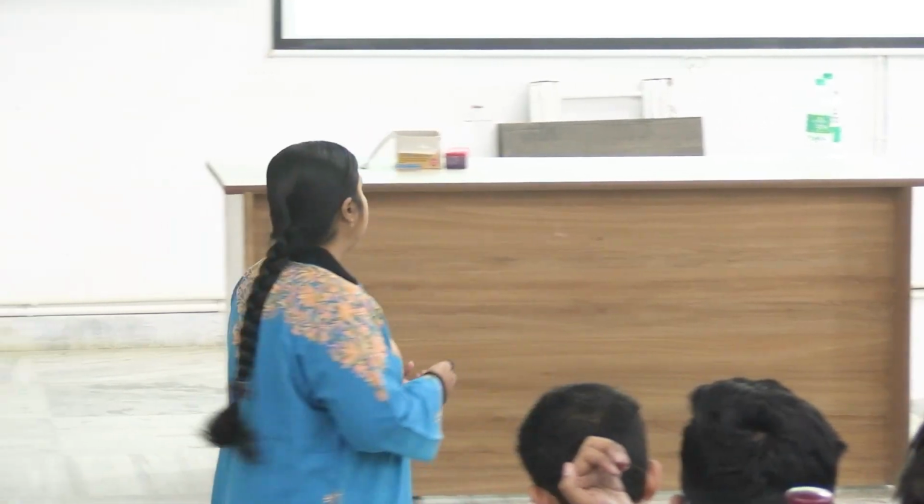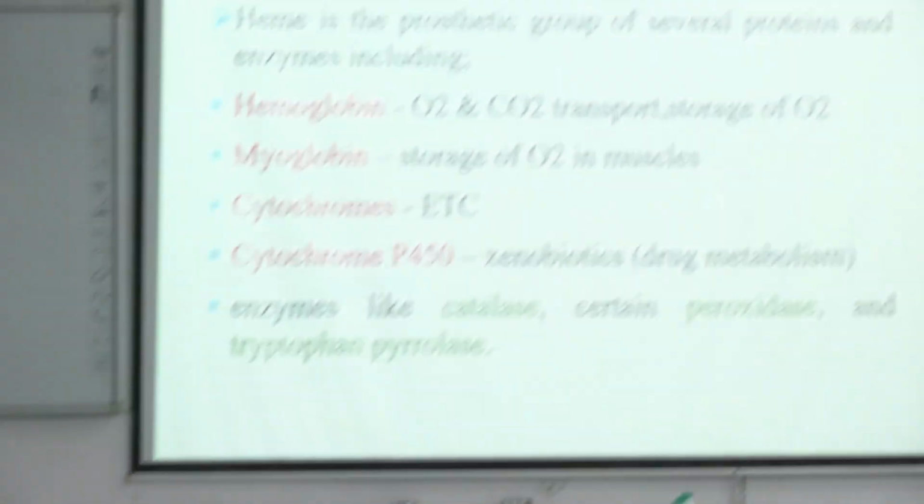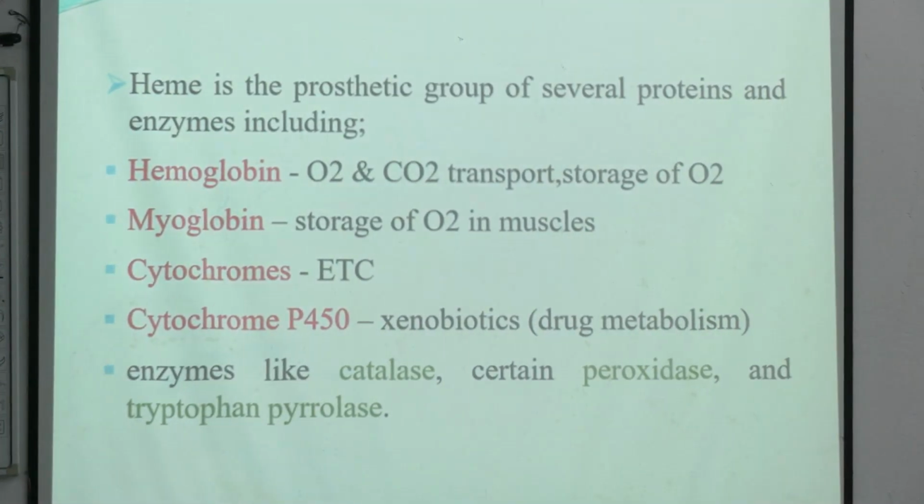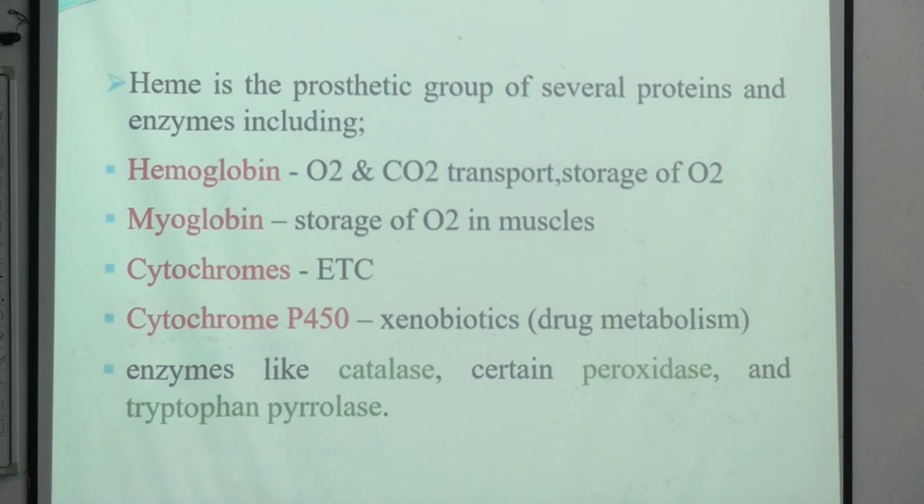They help in production of NADPH. Next, cytochrome P450, another cytochrome that helps specifically in drug metabolism or detoxification reactions in our body. So, in all these proteins, heme is the prosthetic group.